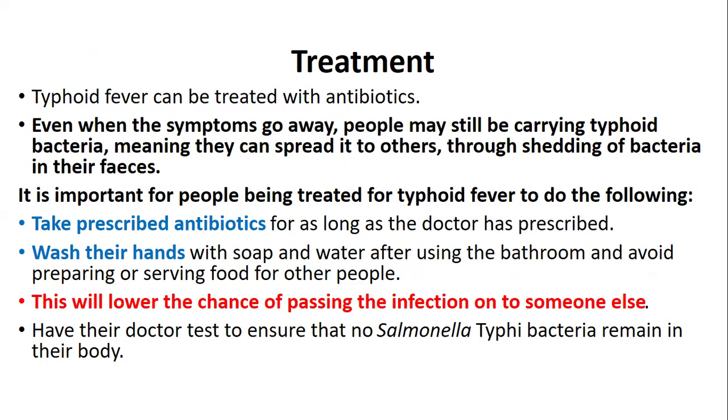Therefore, it is important for people being treated for typhoid to follow the following. Number one, to faithfully take the prescribed antibiotics and to observe proper hand washing procedures. Okay, to also avoid preparing food for others, and this will lower the chance of passing the infection from one person to the other.